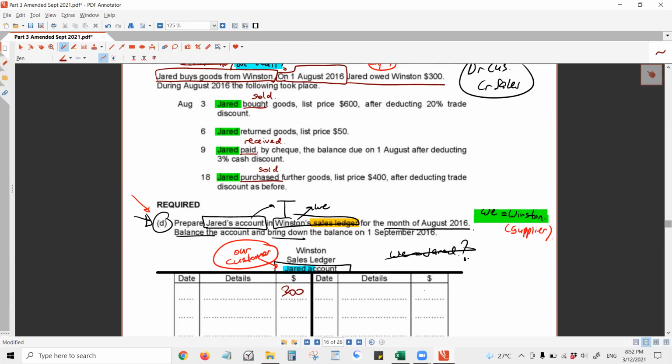Should I put it on the debit side or the credit side? I let you decide before I tell you the answer. Right or wrong doesn't matter, you try. Try based on what I told you in the notes. We are Winston, Jared is our customer, and Jared owes us money. So you tell me in the chat box: debit or credit, should the 300 be?